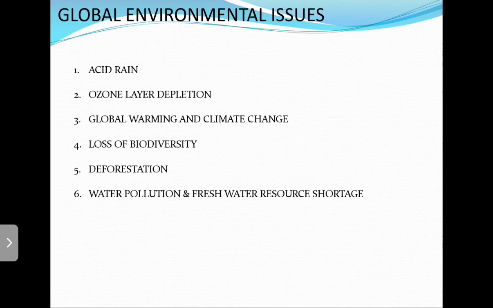So in future, if such things continue, then definitely there will be a huge scarcity of fresh groundwater. And marine pollution is also there. By this, we really endanger the aqua species available in the marine water. So these are the global environmental issues, and we have to overcome all of these.